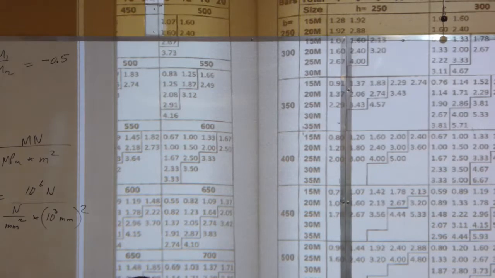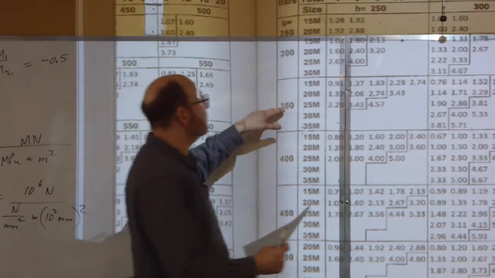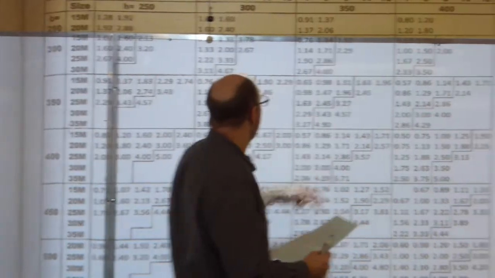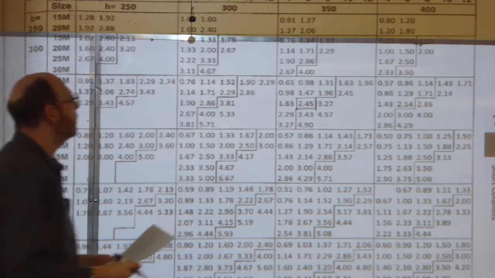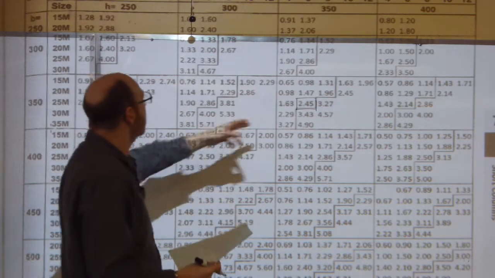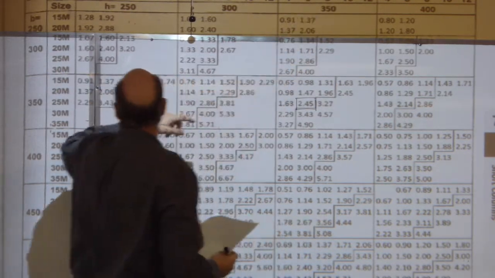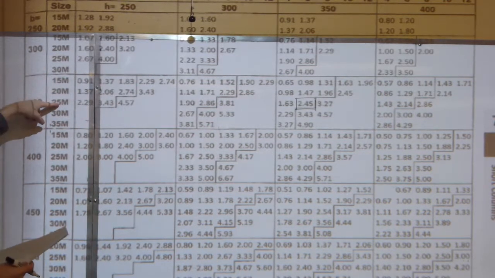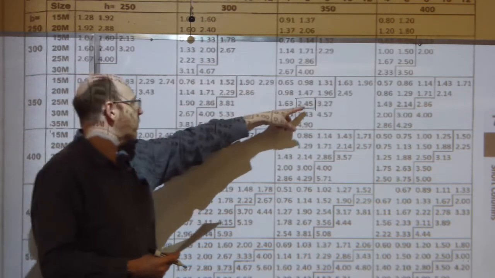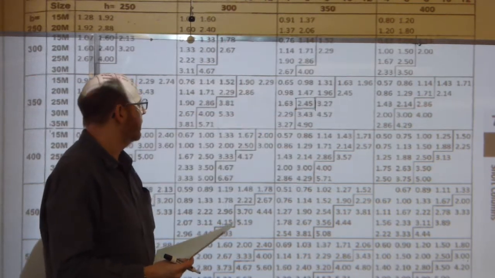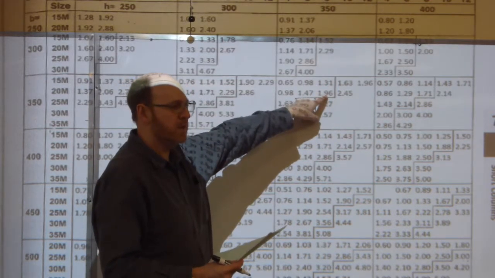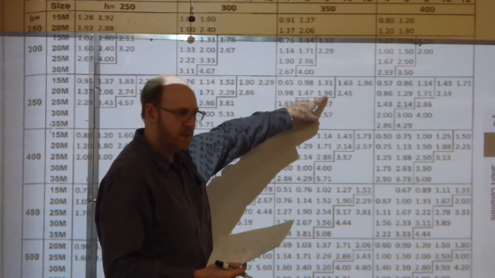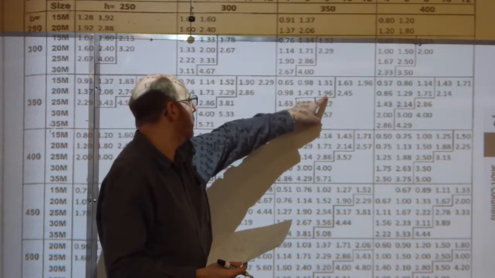So we're looking at a 350 by 350 column. Right, so 350 here by 350 here. And I'm going to pull in this configuration right here, 2.45. So we're going to take our 350 column and I'm going to reinforce it with 6 25M bars. So that's 3 on each of 2 principal faces, giving us a reinforcing ratio of 2.45. Any of these other configurations, like this one here, that's close to 2, might work for the axial, but it's certainly not going to work when we take the moment into account.